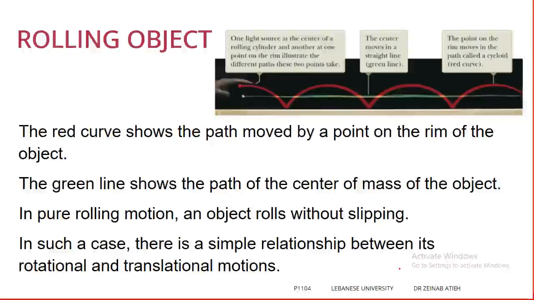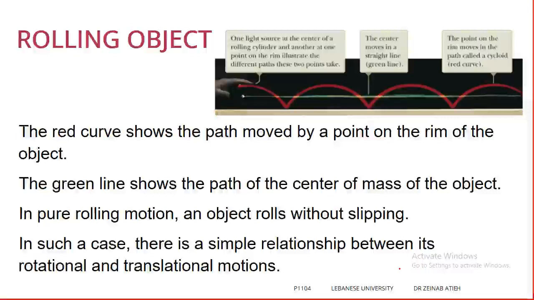بينما البريفري تاعت السلندر اللي هي اللي بلشت فيها انا، which is the red line, it moves in a shape called cycloid. You can see that the motion of a point on a periphery of the cylinder is not circular, not linear. It's a combination between circular and linear, so it's somehow called cycloid.